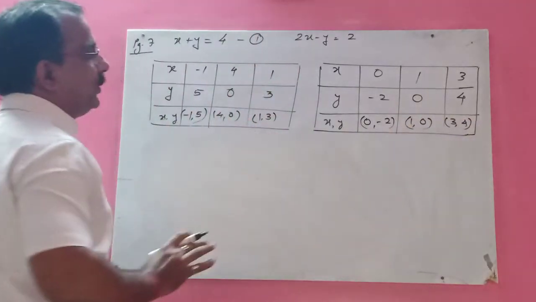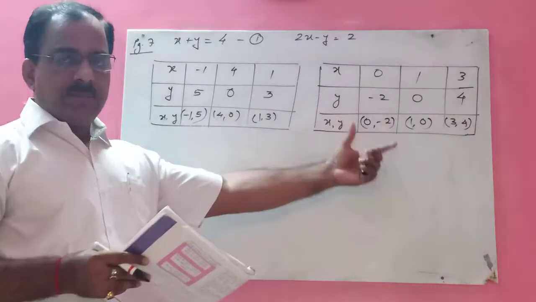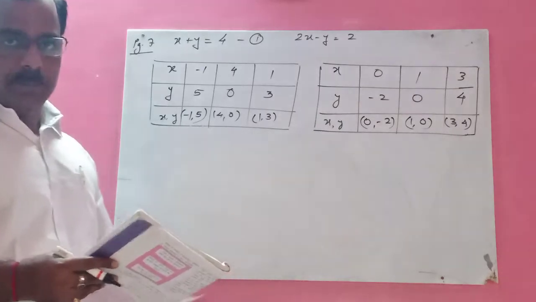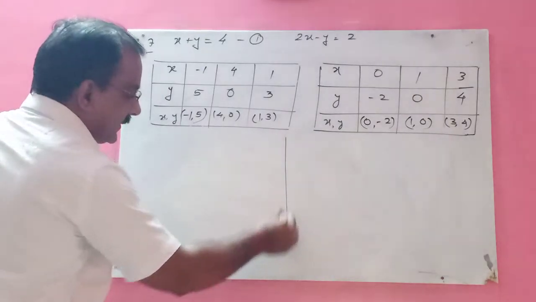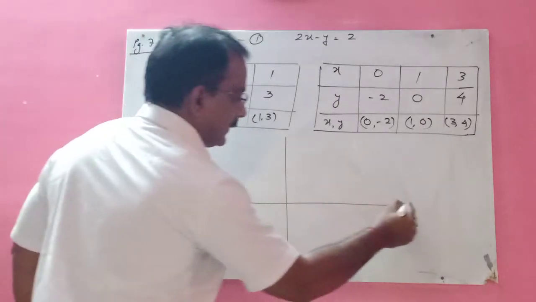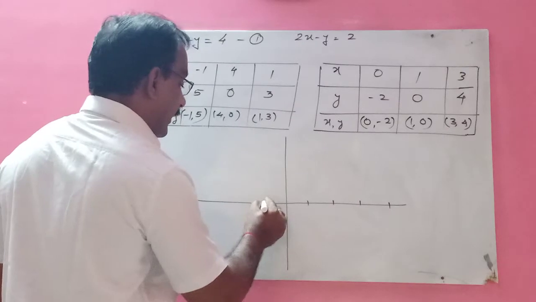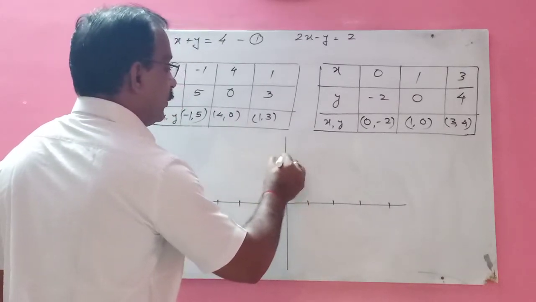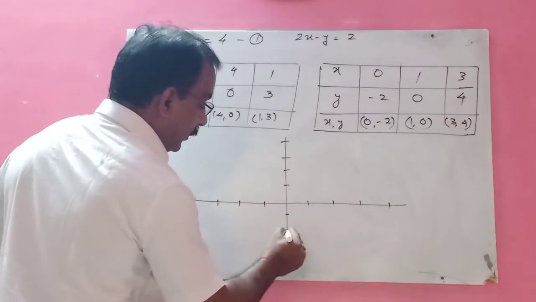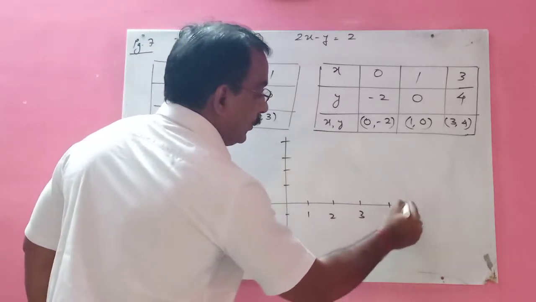So now we have two tables and all these are the coordinates. You have to plot these points on graph paper. So in graph paper, children, you will draw the y-axis and x-axis. Write down here points 1, 2, 3, 4 positive and negative 1, 2, 3, 4.